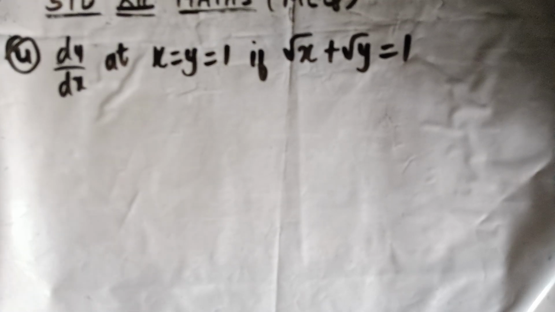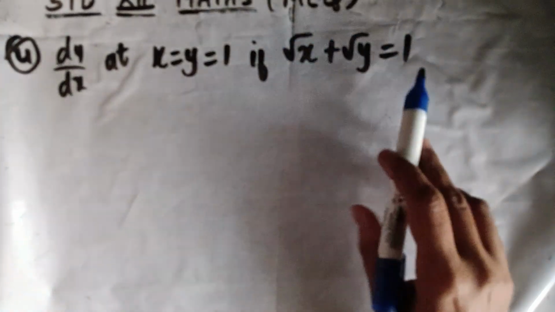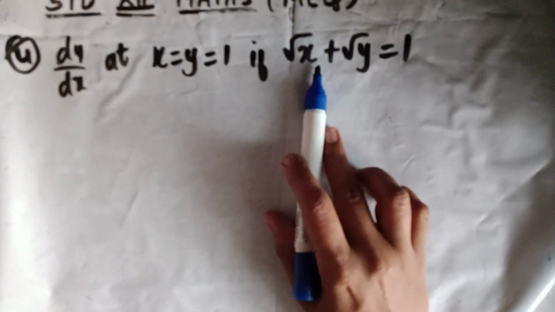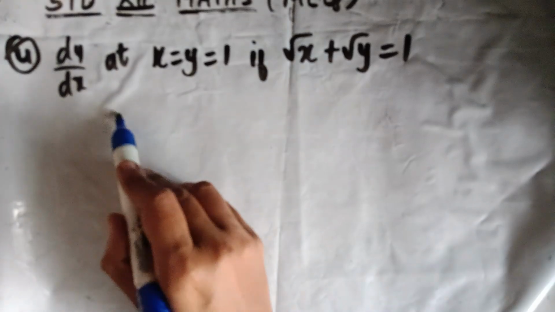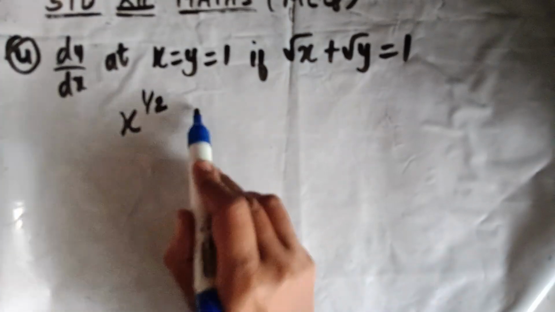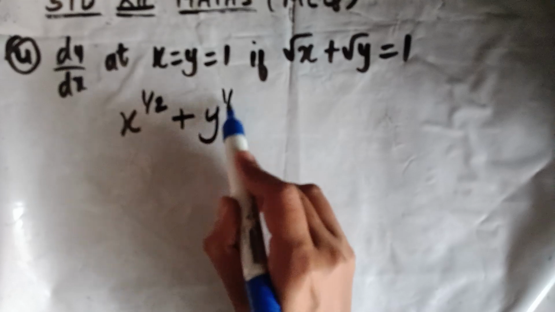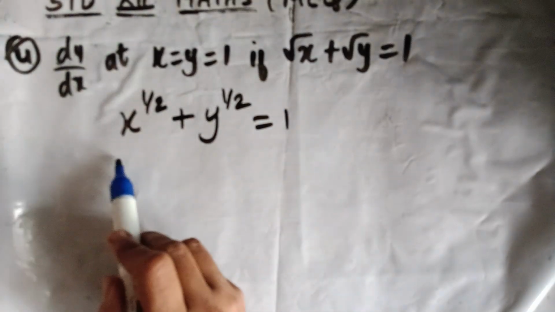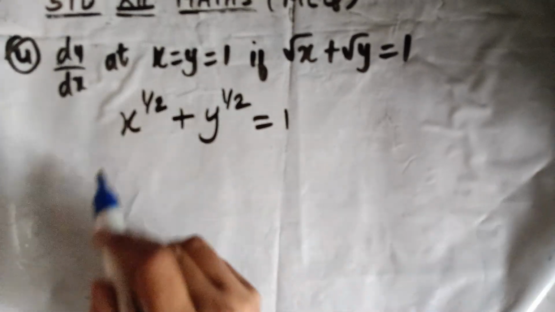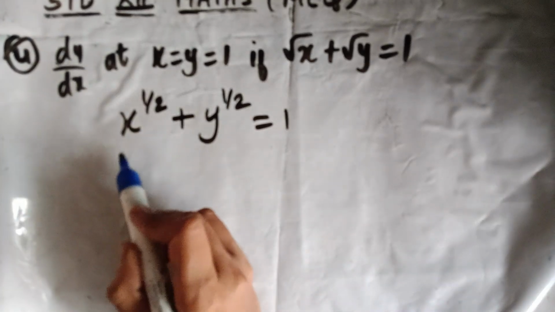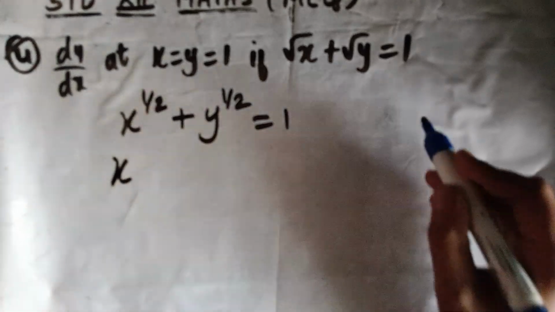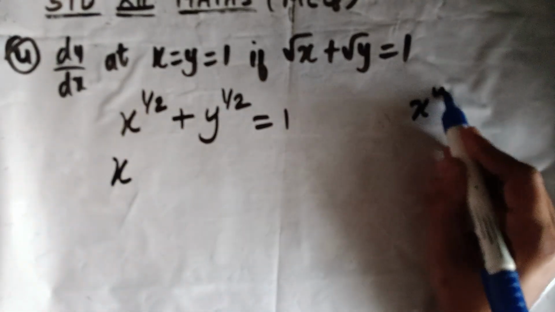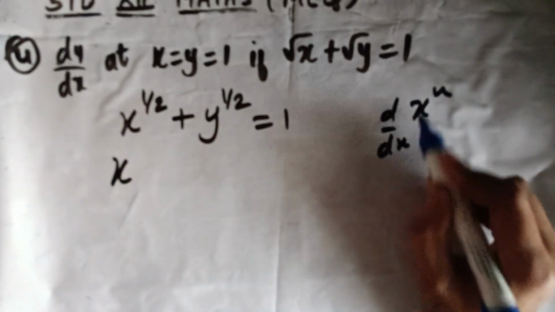So you have to find dy by dx at x equal to y equal to 1 if this is given. Okay. So you have to differentiate with respect to x. So root of x we can write x raised to half. This also y raised to half equal to 1. So differentiating with respect to x, you have to use your x raised to n formula, right?